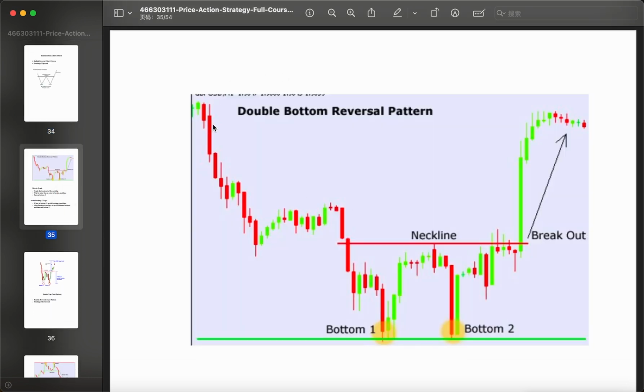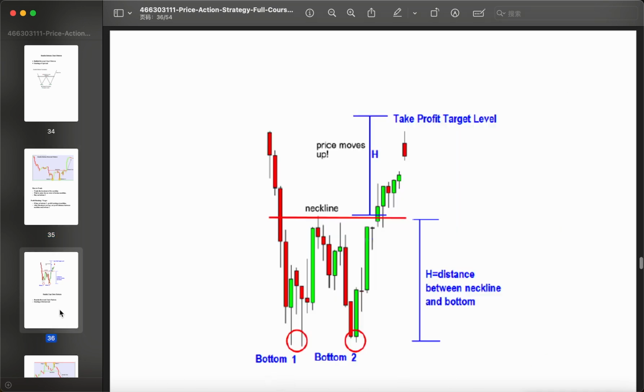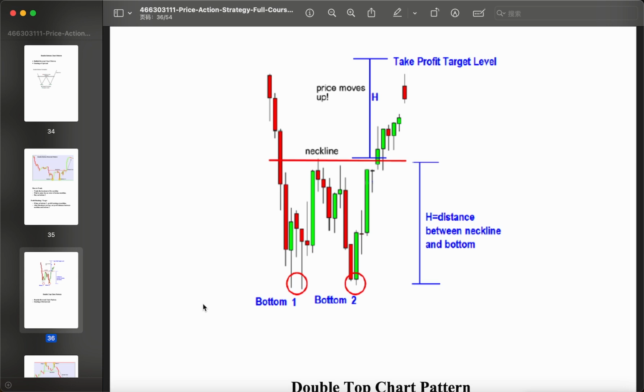Sometimes here you see this is a candle chart, you see bottom 1 and bottom 2. When you see 3 bottoms, that would be a triple bottom, but when you only see 2 bottoms, that will be only a double bottom. And then you see this price breakout. Try to find this in S&P, right?